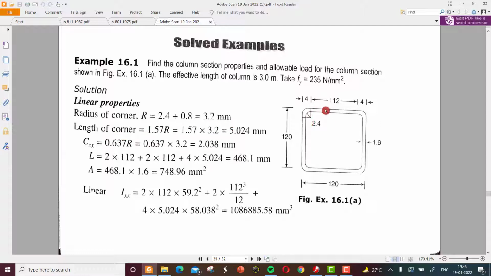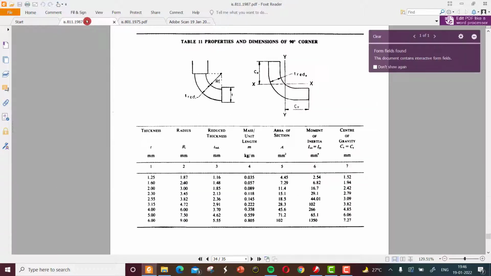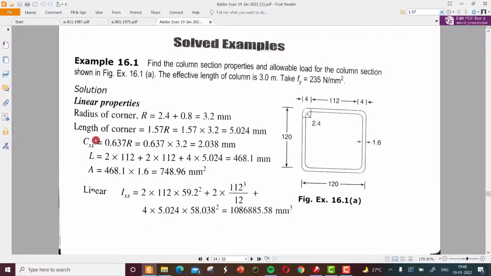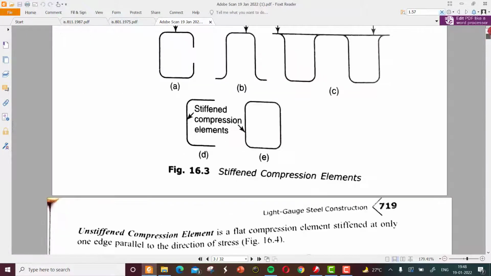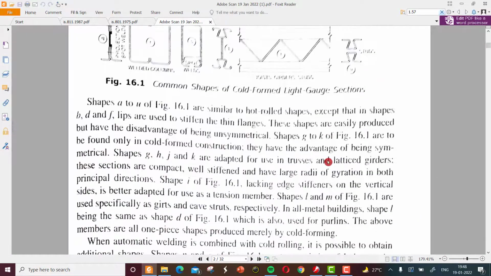The total length of the corner is given by 1.57 into r. We can learn that by heart. 1.57 into 3.2 is 5.02 mm. Cxs is equal to 0.637 r.